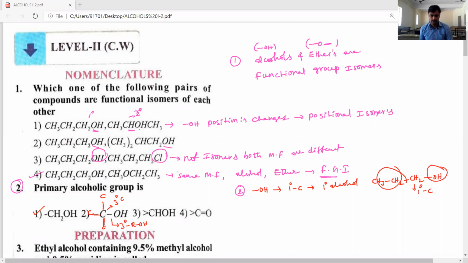Now here the OH group is attached to a secondary carbon, so it is a secondary alcohol. The fourth one has a C=O group, which means it is a ketone, a carbonyl compound. So the first option is correct. It represents the primary alcoholic group. Okay, students.